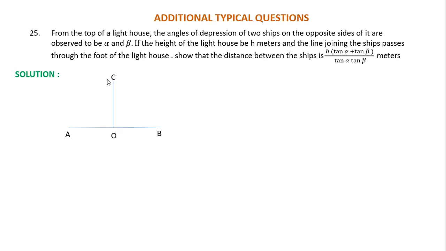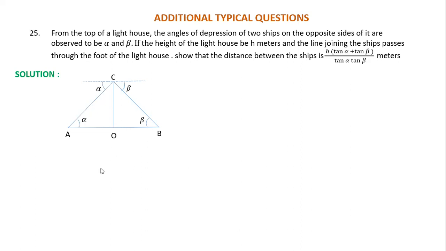So OC is the lighthouse. He looks at the first ship, the angle he measures is alpha. So this is alpha. This should also be alpha. He looks at the second ship. The angle is beta. So this should also be beta.